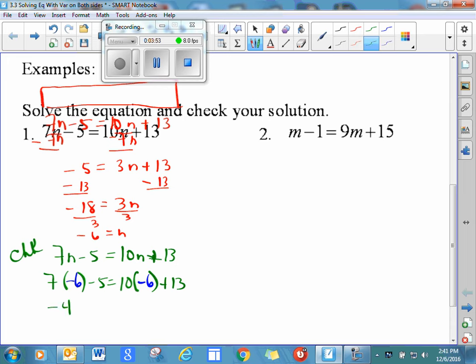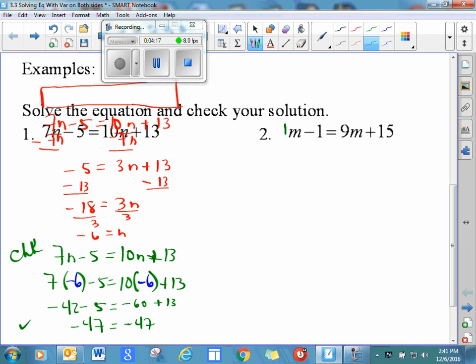That's minus 42 minus 5, which is minus 47 on that side. On this side, that's minus 60 plus 13. If you take 60 and subtract 13, you do get 47, and it's negative because the 60 is a bigger number. So that worked just fine.